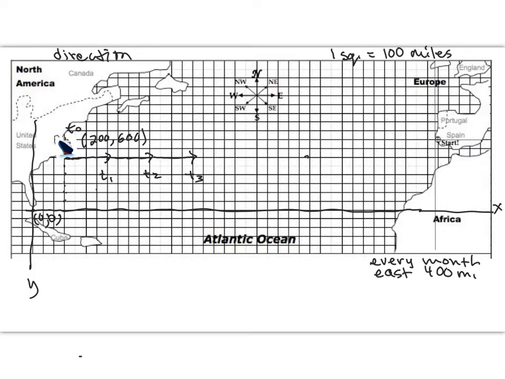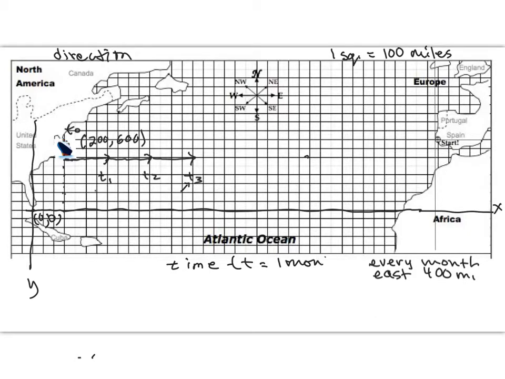Oh, and we probably should move the boat. Nope, we're not moving the boat. The boat stays. You'll notice I called this T3. That's because time starts with T. So that's my scale for time.